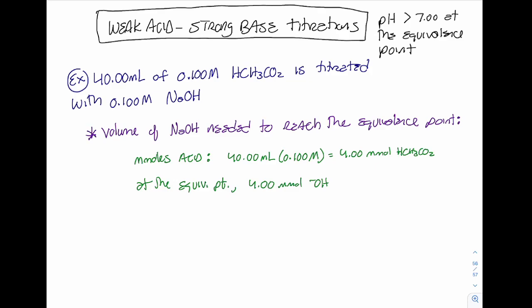I want the volume, so I'm now going to take my number of millimoles and divide that by my concentration, 0.100 millimoles per milliliter. We need to divide so those units cancel. And I'm going to have 40.0 milliliters of sodium hydroxide needed to reach the equivalence point.